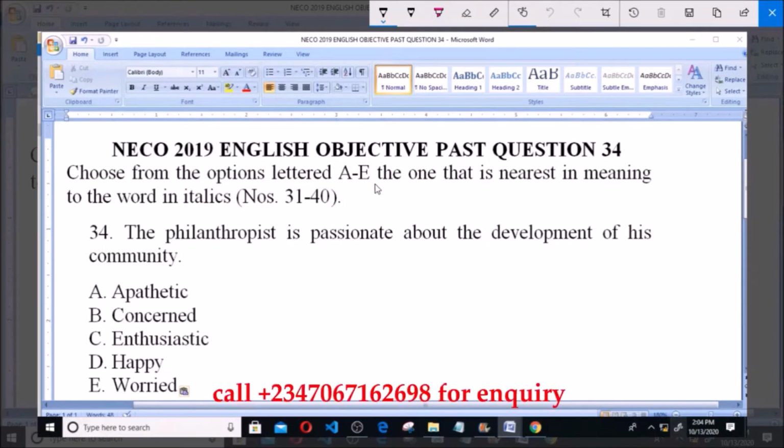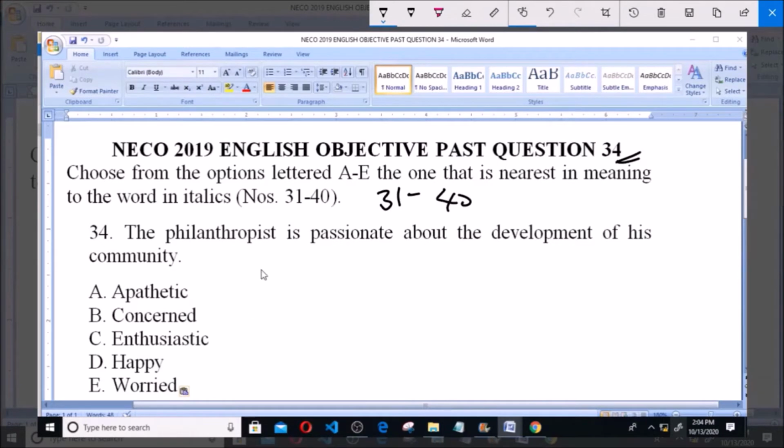The instruction is to answer questions 31 to 40, and this is question 34. The italicized word is passionate, and the statement says the philanthropist is passionate about the development of his community.